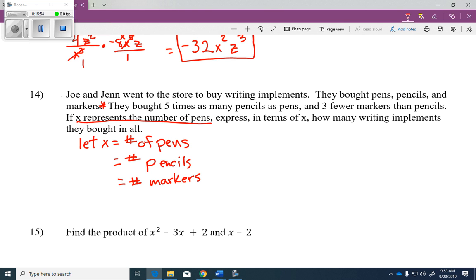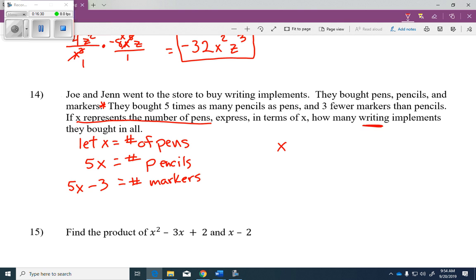They bought 5 times as many pencils as pens. So 5 times would be a 5x, because if there are x pens and it's 5 times the pencils, that's a 5x. And 3 fewer markers than pencils. So they're comparing it to the pencils, and there's 3 fewer. So however many pencils I have, 3 less. So now I have these 3 let statements so that I can figure out all of the writing implements.